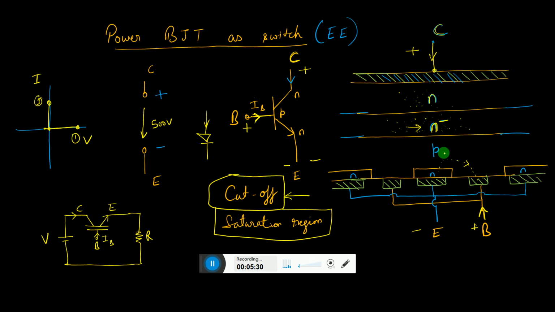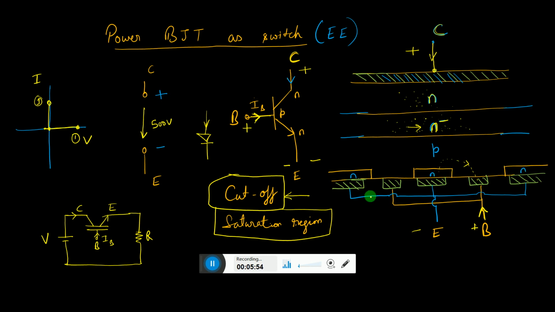Then we have a P. This P is the base. So here P is connected with this metal contact, and this is connected with the base here. And the other side is N, so multiple N regions are connected so that parallel current can flow, and it can have a high current capacity.